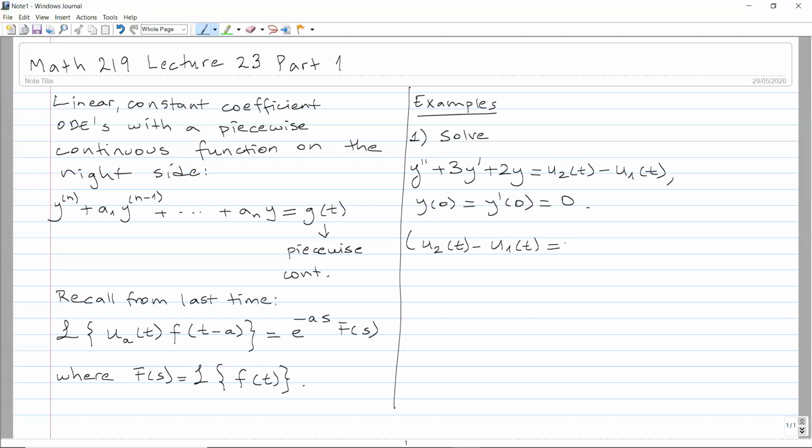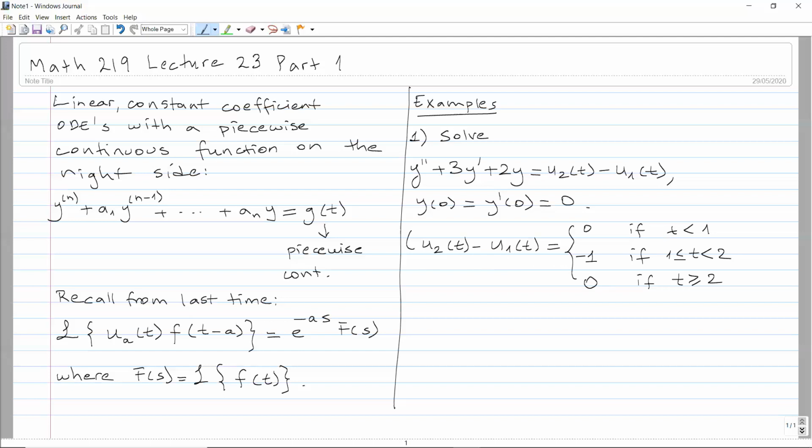First of all, when t is less than 1, both functions are 0, so this function is 0. If t is between 1 and 2, then u2 is 0 and u1 is 1, so the function is minus 1. And if t is larger than or equal to 2, both are equal to 1, so the difference is 0.